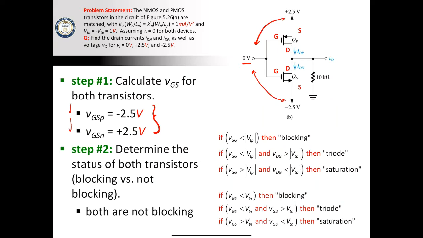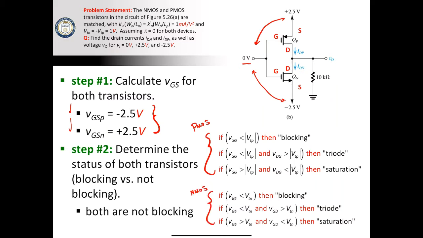Next, determine the status of both transistors, blocking versus not blocking. And so for that, we're going to use the constraints that are taken from table 5.1 and table 5.2. This is for the PMOS, and this is for the NMOS.